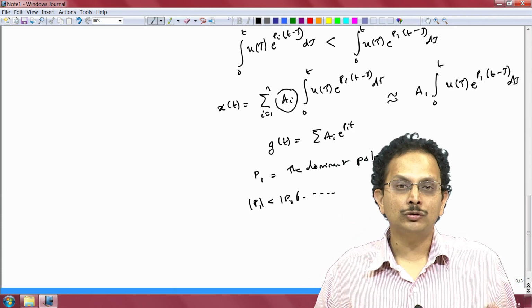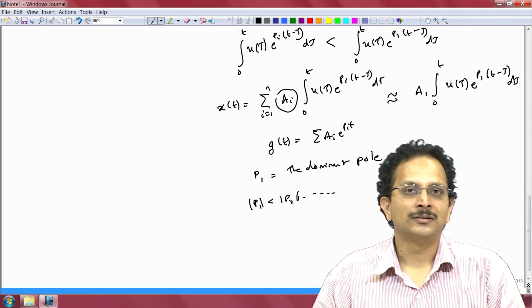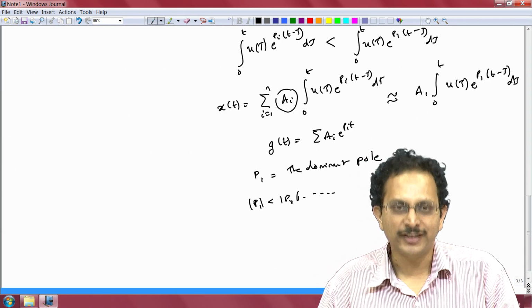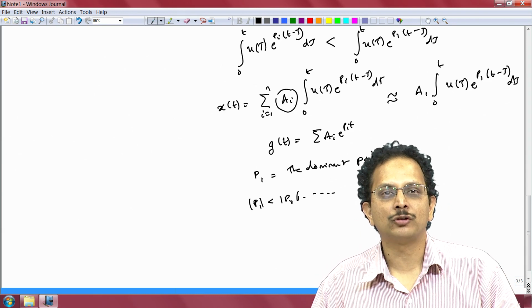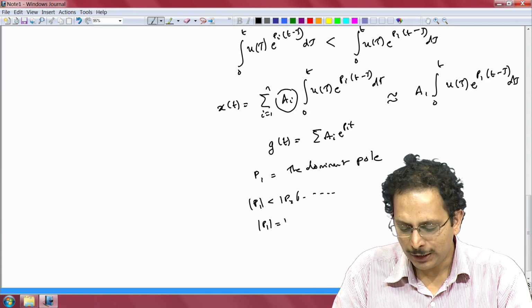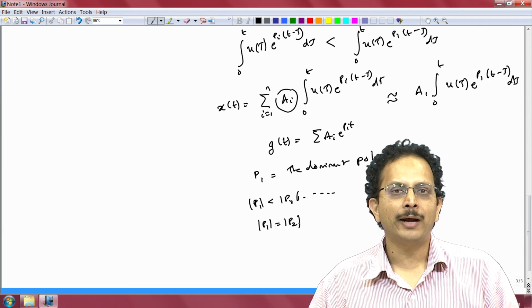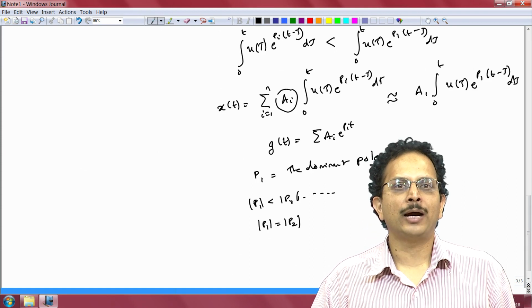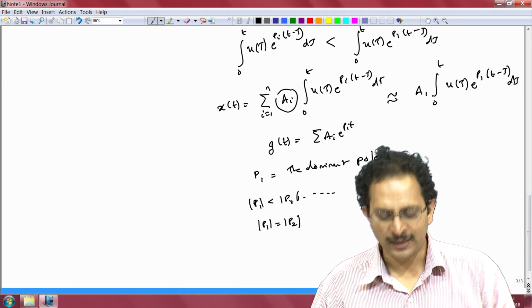However, it is also possible that the pole p1 is a complex pole, in which case poles appear in complex conjugate pairs. So we would have magnitude of p1 equal to magnitude of p2. So we would have two poles which appear as complex conjugate pairs, and therefore they have to be considered together and their magnitudes would be identical.